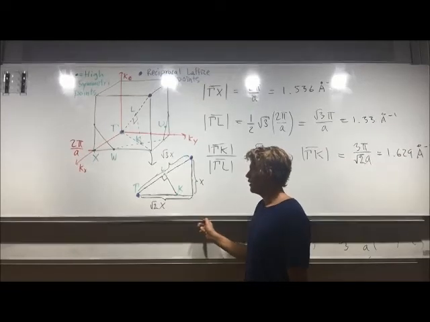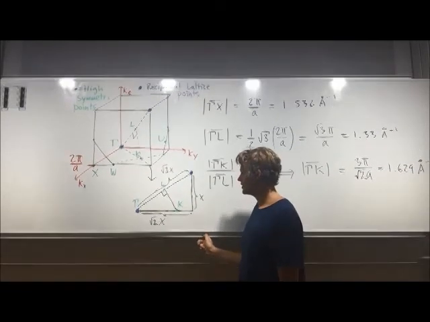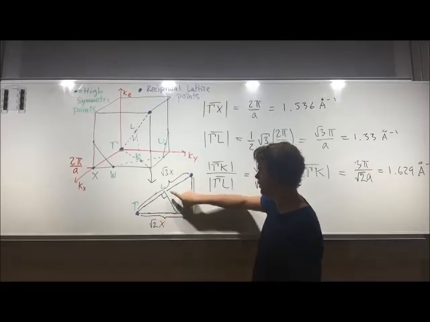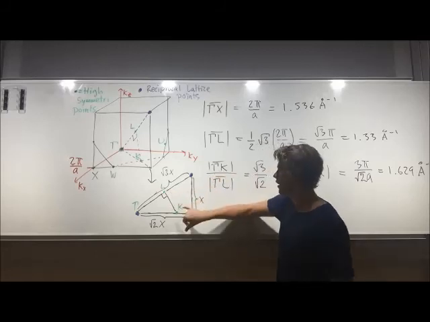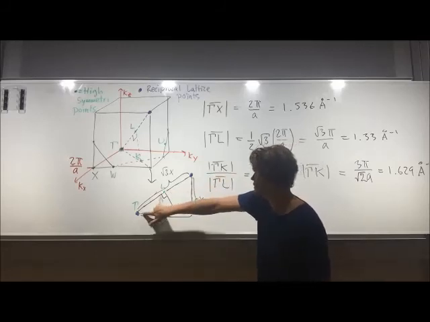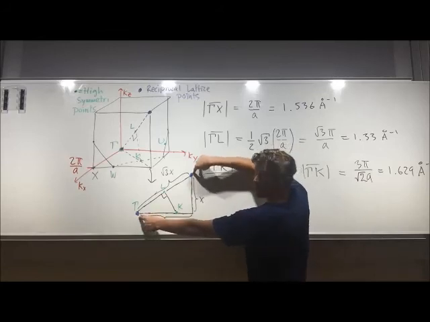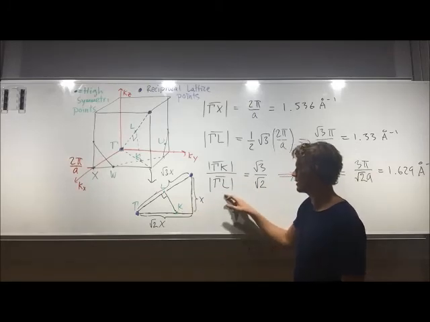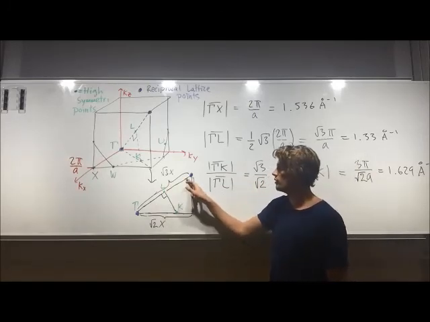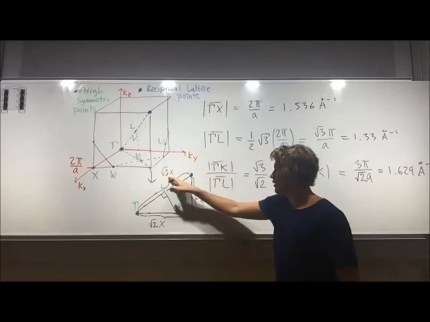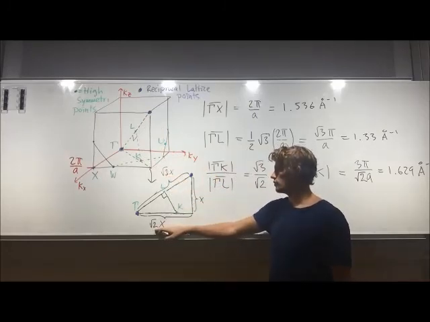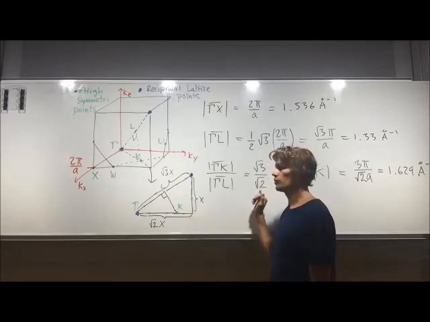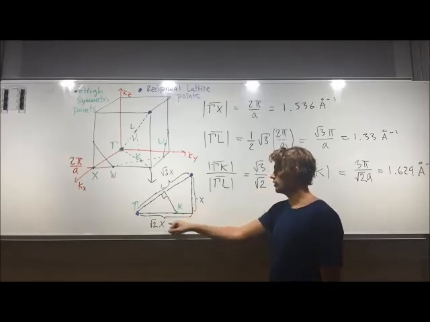According to known laws of mathematics, this distance divided by that distance must be equal to the long diagonal divided by this one, meaning that gamma K divided by gamma L equals square root of 3, the long diagonal, divided by square root of 2, the short diagonal. It doesn't matter which sides these are, the ratio will always cancel out the a.